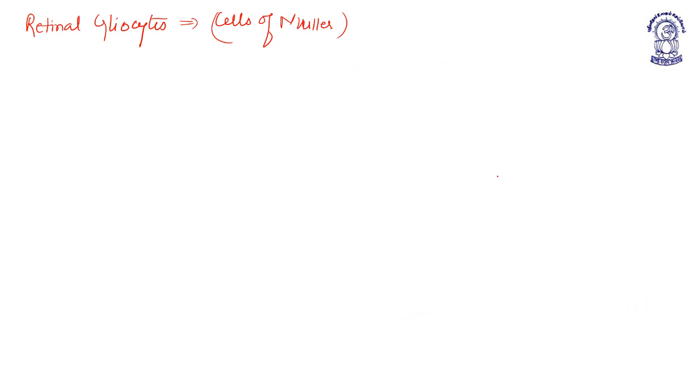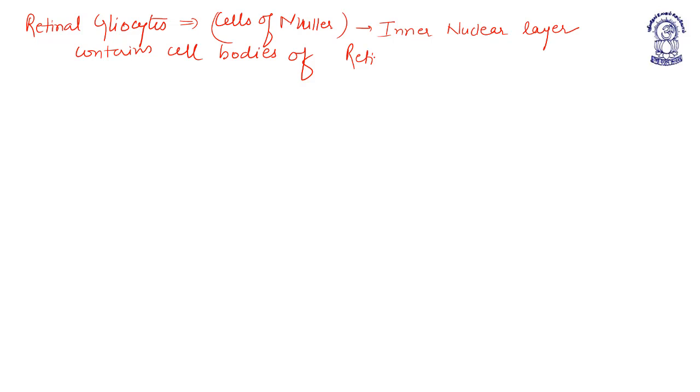So in addition to bipolar neurons, horizontal neurons, and amacrine neurons, the internal nuclear layer also contains the cell bodies of retinal gliocytes.